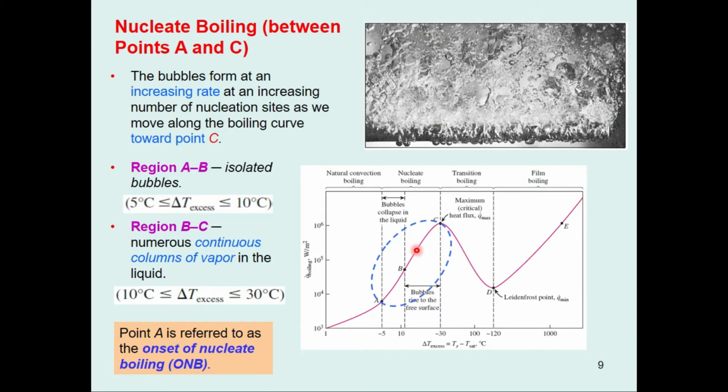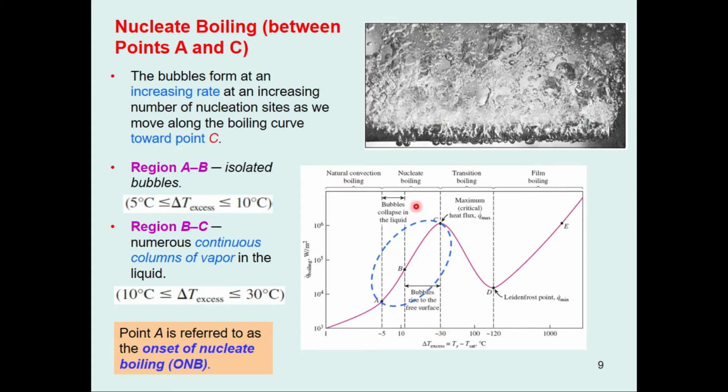Why will this happen? Because when we move along this curve, the delta T excess is increasing, right? So when we move from point A to point C, the delta T excess increases from 5 to 30 degrees centigrade.